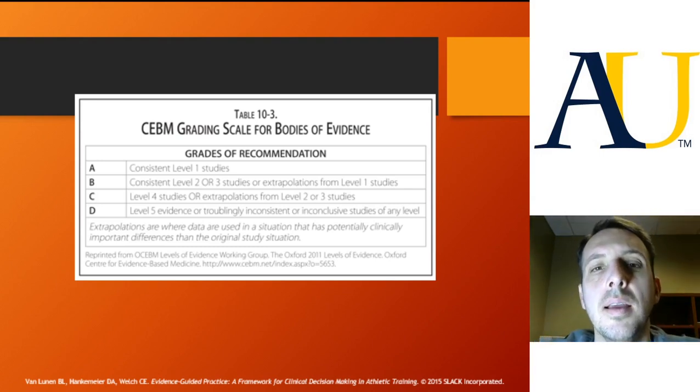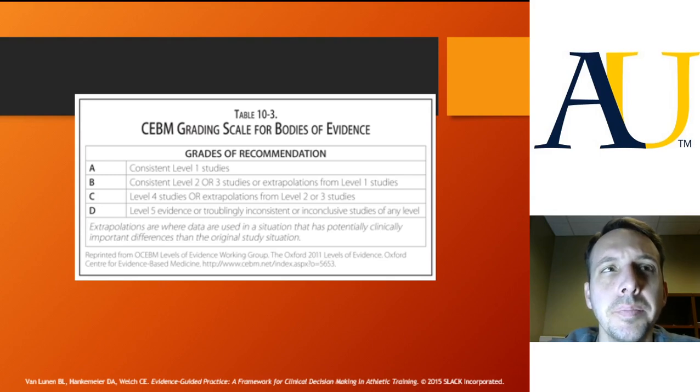And so we keep talking about this as the literature, and I even mistakenly describe that as the evidence. But remember, the evidence is much larger than just the literature. It includes your clinical expertise and the patient values. But you're going to eventually get to a point where you need to make a recommendation for what you're going to do.